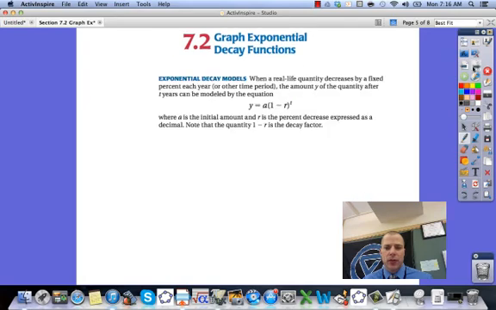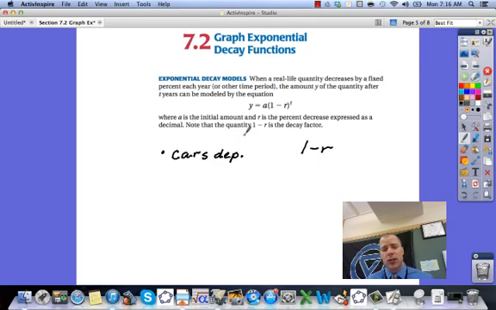So what we're going to do now is make another video because this one takes a bit of time and I don't want to run too long. We have exponential decay models, very similar to exponential growth models, but our growth rate here is not 1 plus r, it's 1 minus r. You see it with things like car depreciation.